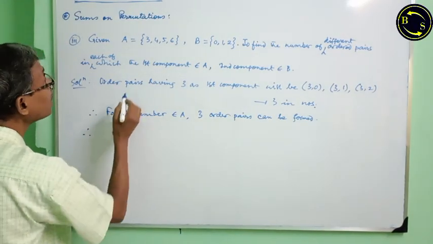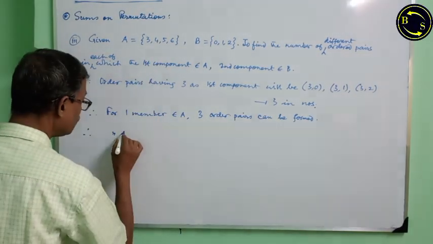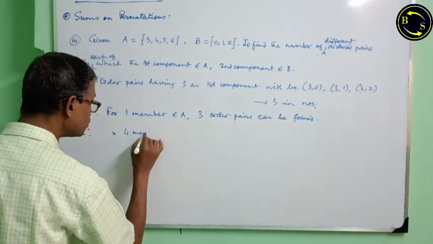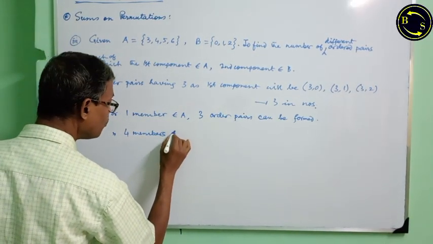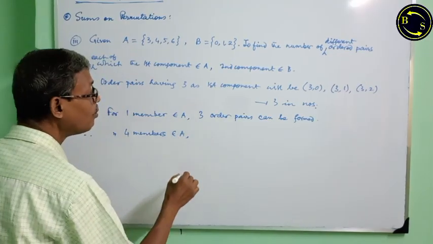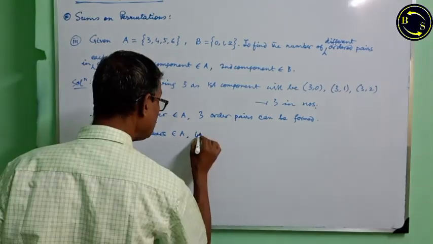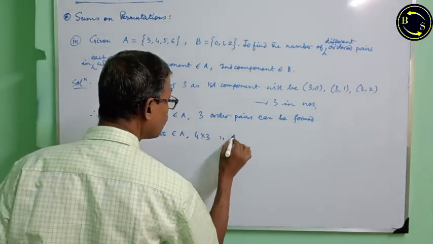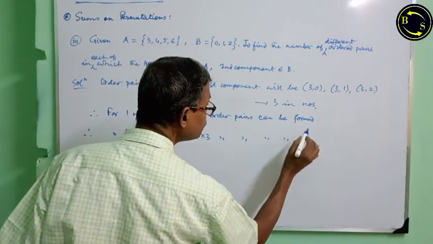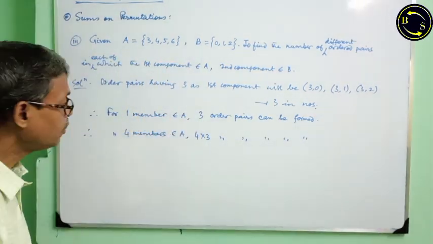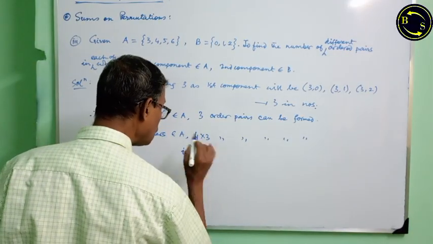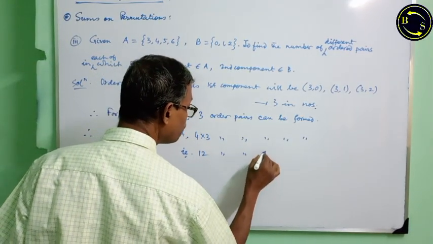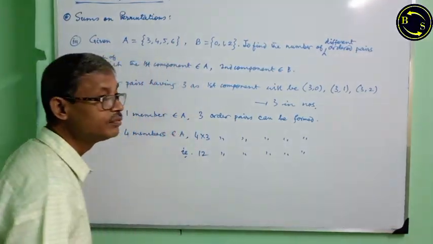Therefore, for how many members are there? Four. Four members. Four into three ordered pairs can be formed, that is 12 ordered pairs can be formed.